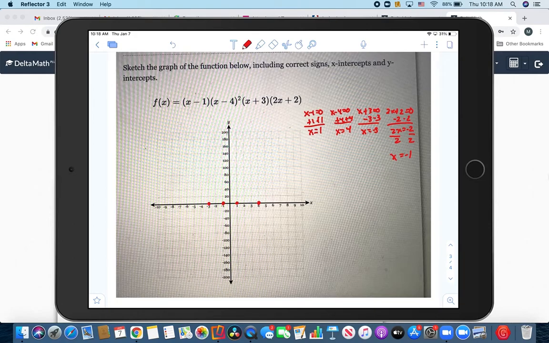Now let's look at their multiplicities. All three of these have a degree of 1, right? I'll write it for you guys so you see visually. These all have degrees of 1. So with degrees of 1, you know that they just cross there. And for this degree of 2, you know that's a multiplicity of 2, which is a bounce. Now let's get the highest degree.